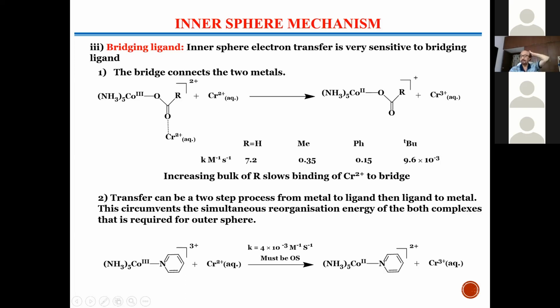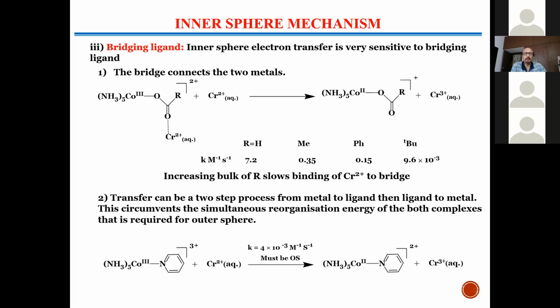Like many other reactions, one will be reduced and the other oxidized. And if you look at the rate of the reaction, 10 to the power minus 3. Again, I would like to reiterate the same point. The rate is giving an impression of an outer sphere mechanism. So it is following the outer sphere mechanism.